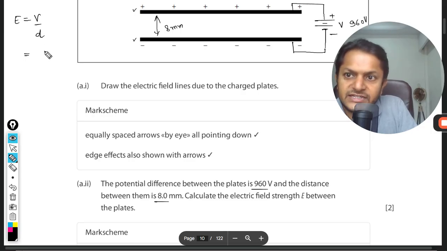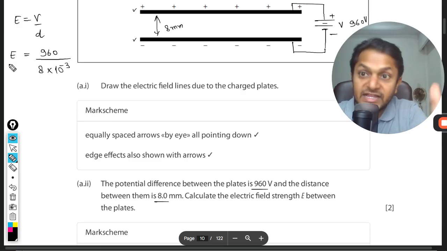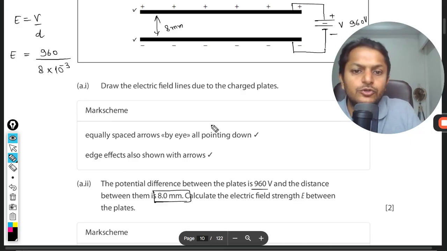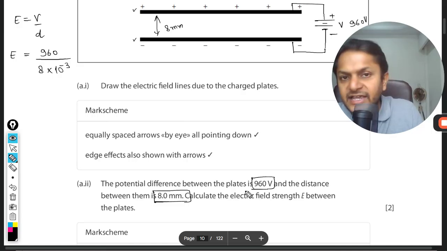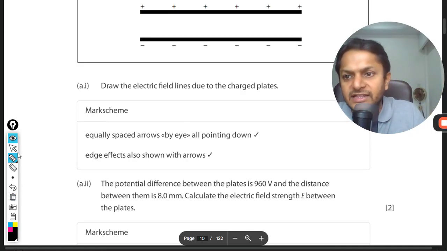So the voltage is 960 and d is 8 millimeters, so it will be 8 into 10 raised to power negative 3, which is equal to E. That is the electric field. We can just solve this equation. Always be careful about the units here. This is 8 millimeter, it has to be converted into meters, and volt is the SI unit, so there is no problem with that. We just plug in the values, solve it, and we get the answer.